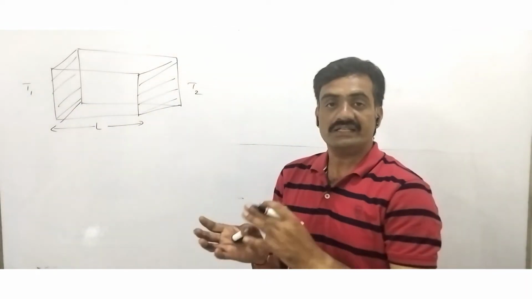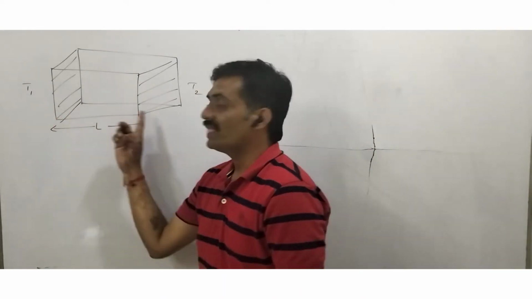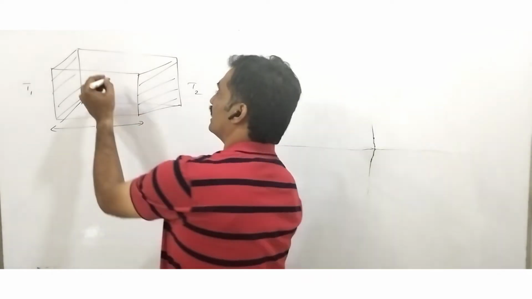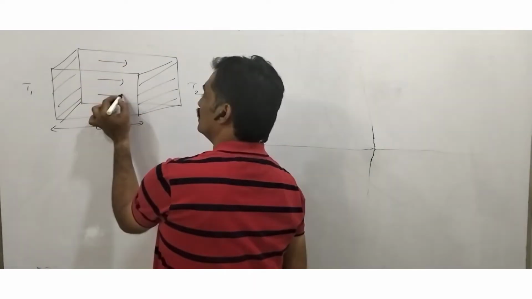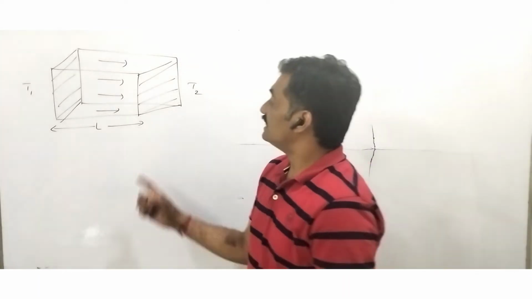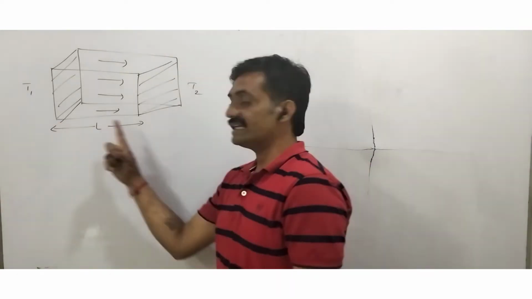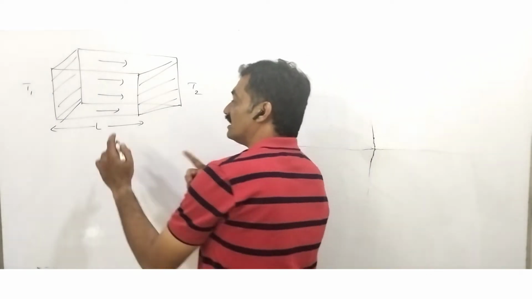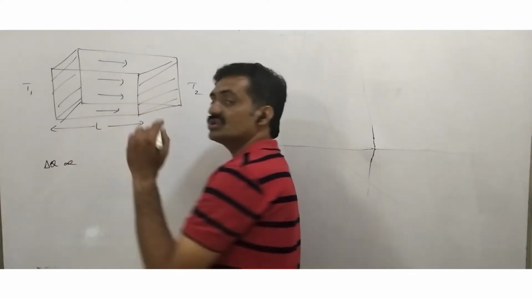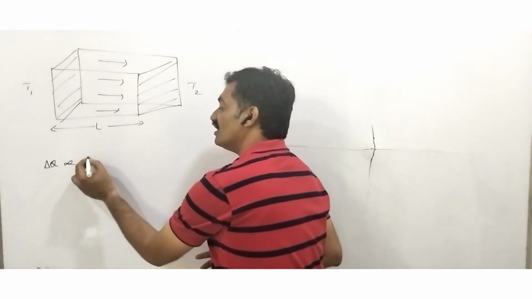When we maintain the temperature difference across the ends of a rectangular slab, heat is transferred from the hot end to the cold end through the slab. Based on that, the flow of heat through the slab is directly proportional to the area of the slab.